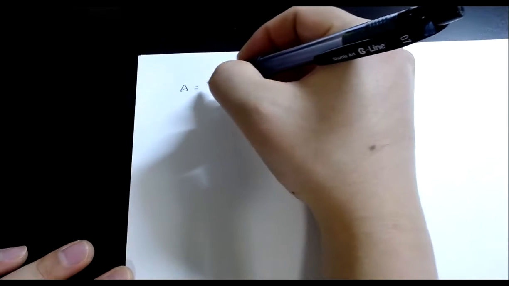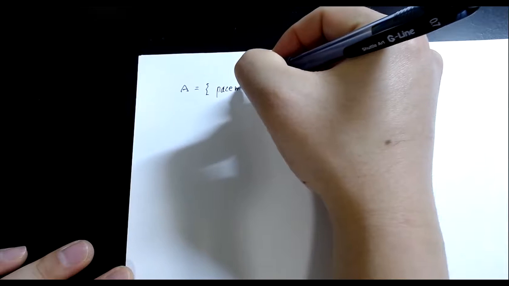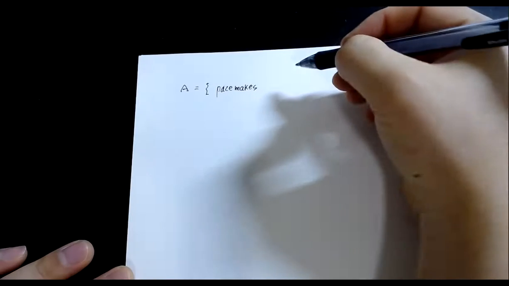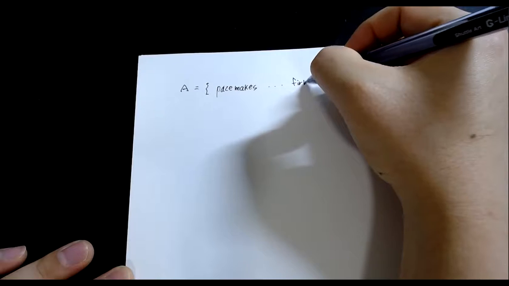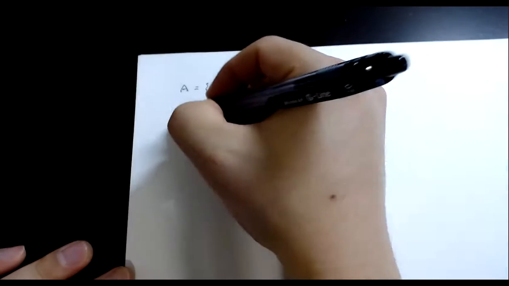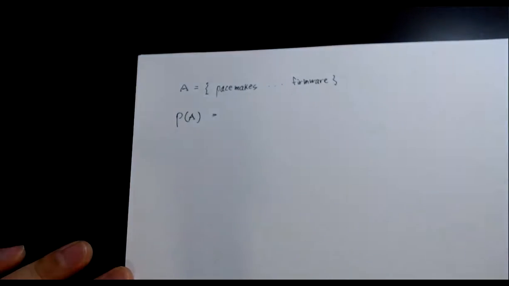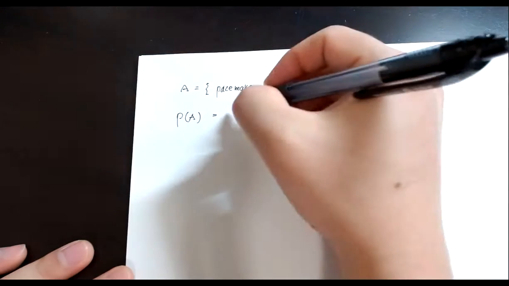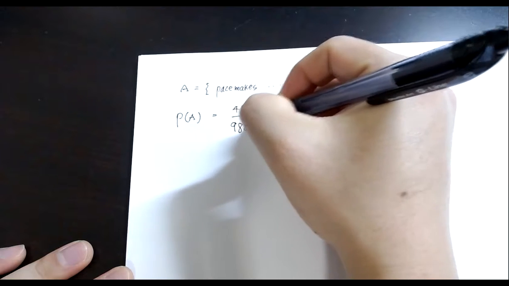Then the probability of A, using classical probability, is 458 over 9,868, right?